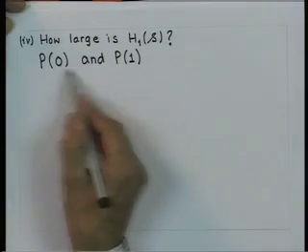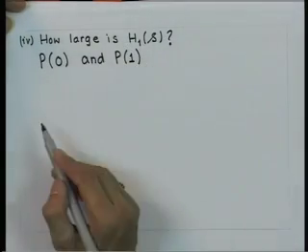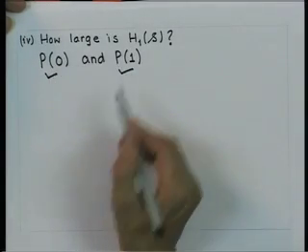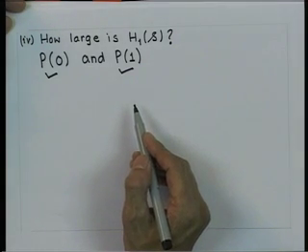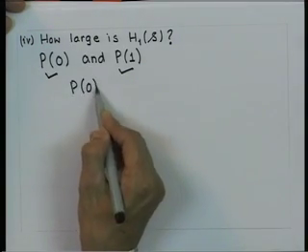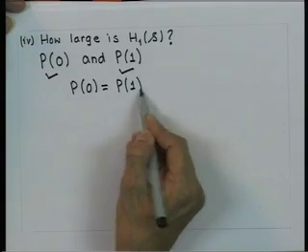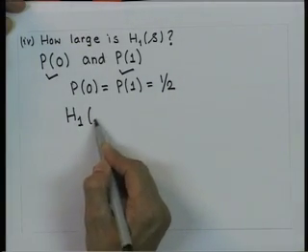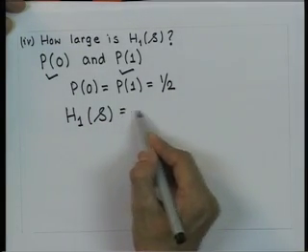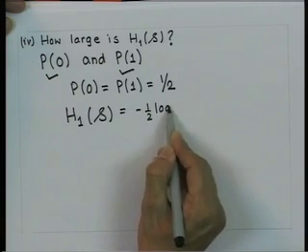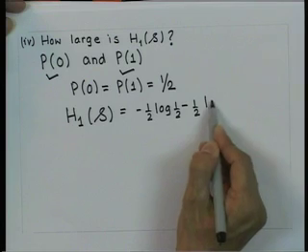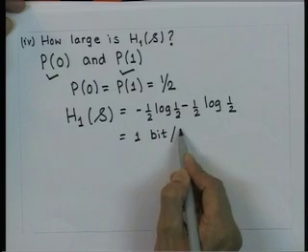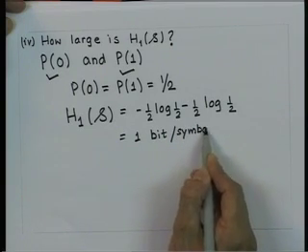We have seen earlier how to calculate the probability of 0 and probability of 1 for this example: probability of 0 is equal to probability of 1, and that turns out to be half. So H1S is equal to minus half log half minus half log half, and that is equal to 1 bit per symbol.